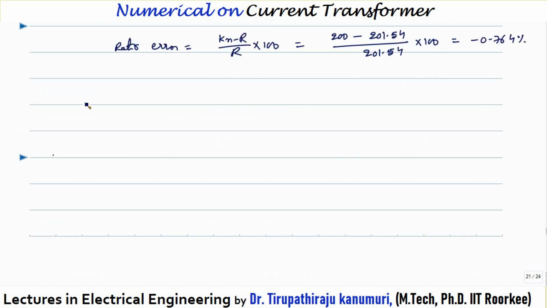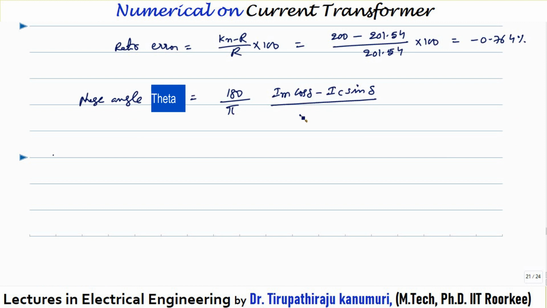Now coming to the phase angle error, given by beta is equal to 180 divided by pi, multiplied by Im cos delta minus Ic sin delta, divided by N times Is.